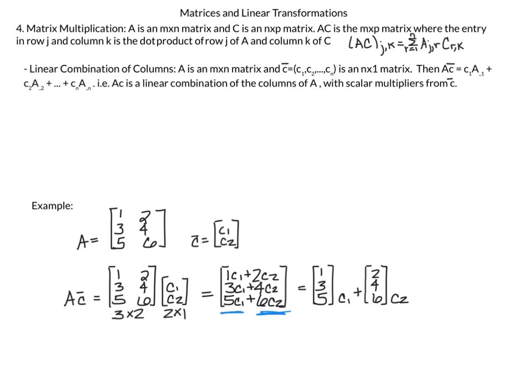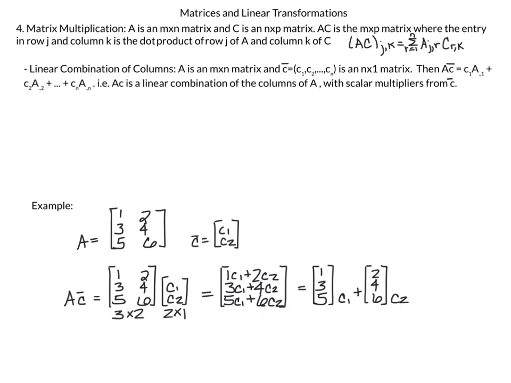A matrix times a column vector is essentially a linear combination of the columns of A. We used this a lot previously in other videos when doing row reduction and determining if things were linearly dependent or independent, but this is the formal reason why it works.